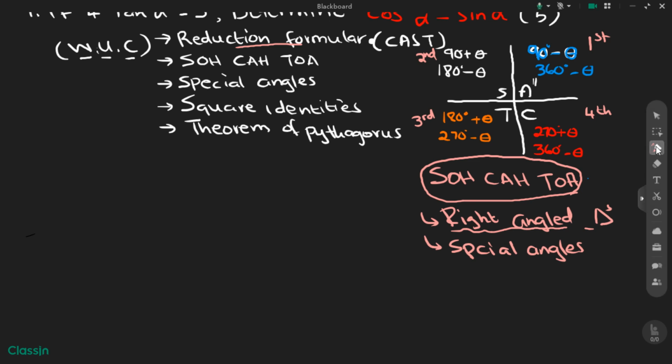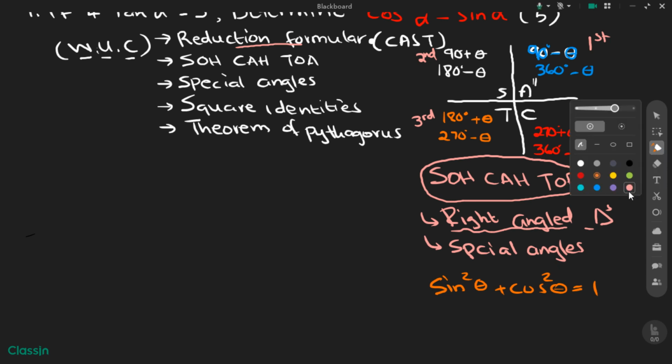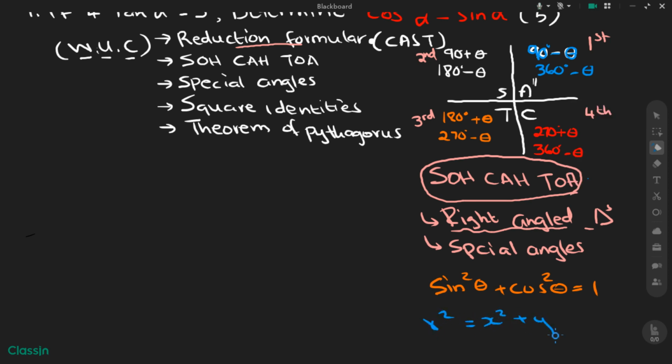Now, we also have the square identities. You have sine squared theta plus cos squared theta, which in most cases we say is equal to 1. And then we have the theorem of Pythagoras, which is r squared equals x squared plus y squared, where r is the hypotenuse.